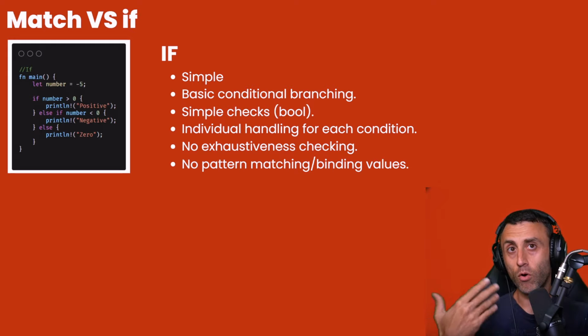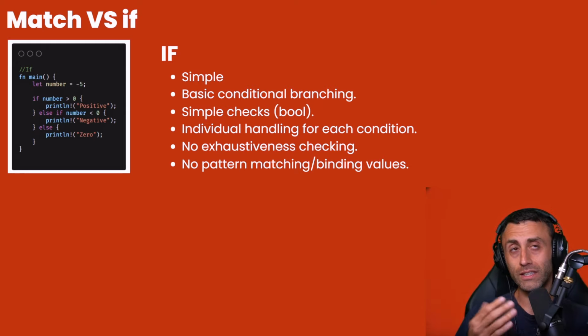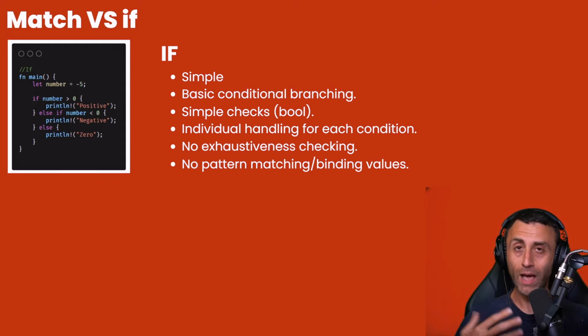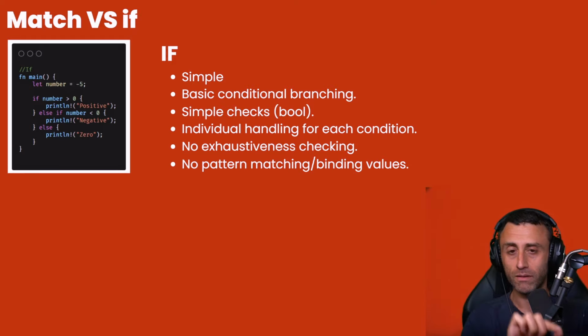If we have more than one condition, the if starts to become a little bit hard to use. And it's not exhaustive. I don't know if you ever tried to use an if-else structure, for example, to handle HTTP errors. Also, there is no pattern matching and binding values. They are simple flows that we can either do or not.